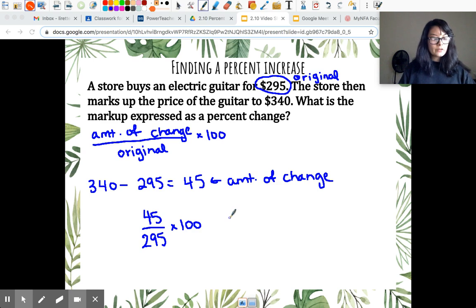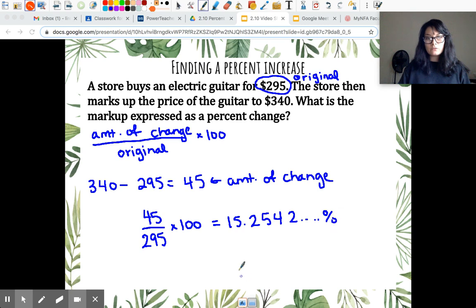So I'm going to take 45 divided by 295. Again, I'm getting a decimal that doesn't stop. So before I clear my calculator, I'm just going to take that result and multiply by 100. Depending on the kind of calculator you have, you might be able to do both of these operations at once. I'm getting 15.2542, and it just keeps going.